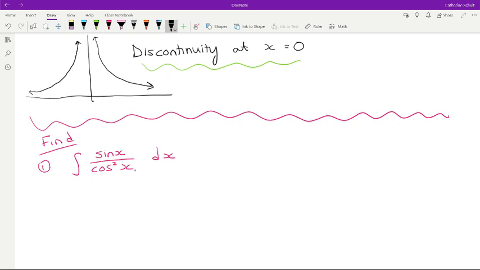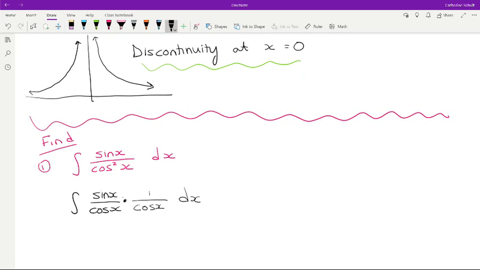But here, we can break this up, okay? And I know that some of these trig functions, when we take the derivative, give us two terms. So that's my motivation. So I'm going to take that cosine squared and I'm going to break it up into a product. Cosine times cosine is cosine squared.